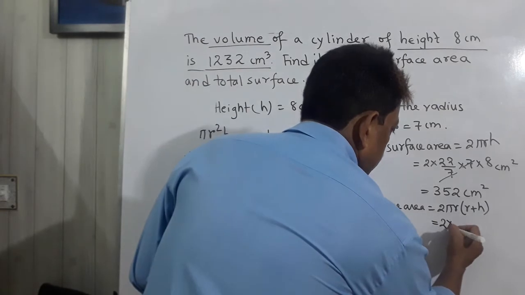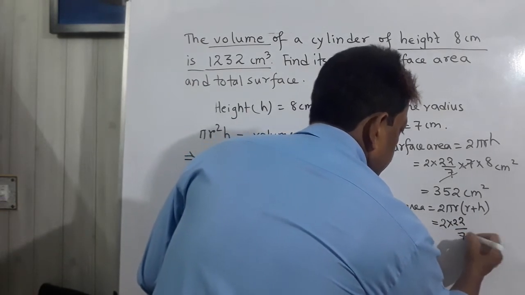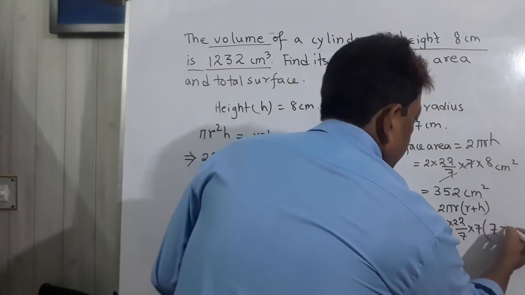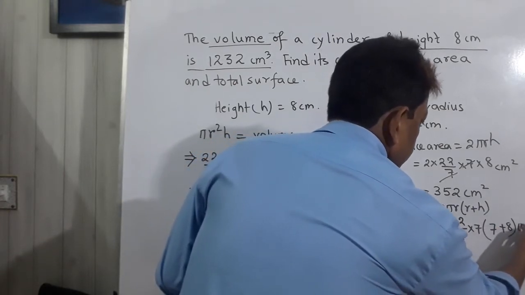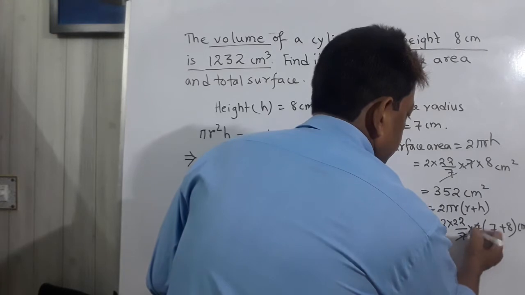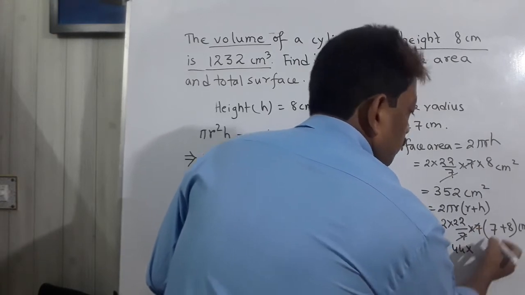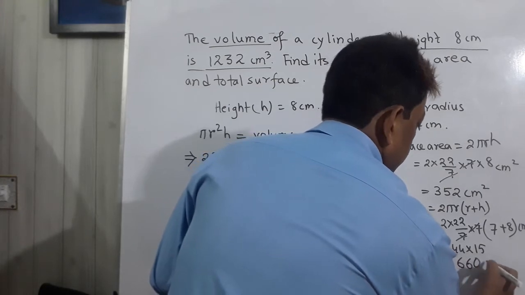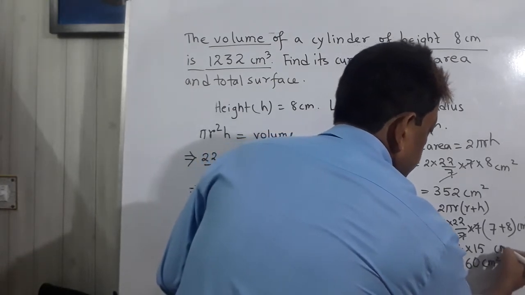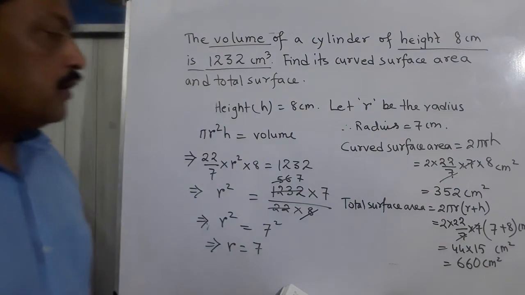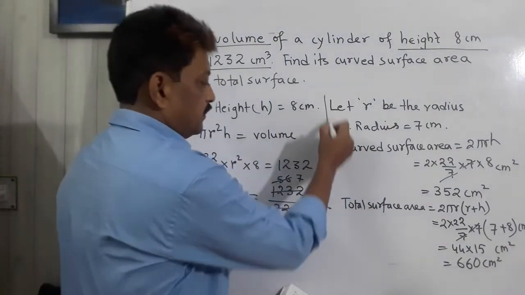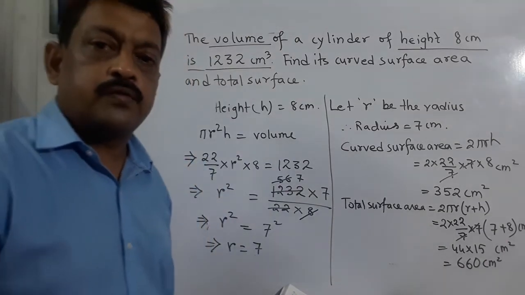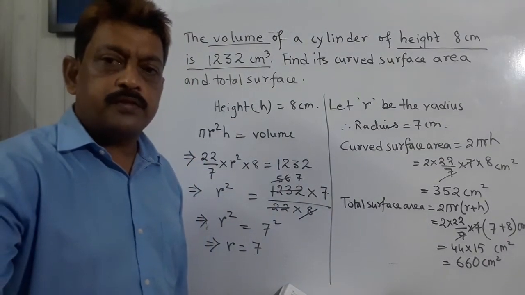So 2 multiplied with 22 upon 7 multiplied with 7, inside the bracket r is 7 and h is 8, centimeter square. 7 cancels, so 44 multiplied with 15, so it is 660 centimeter square. Okay, therefore the total surface area is 660 centimeter square. Hope you have understood the process, how it is done.